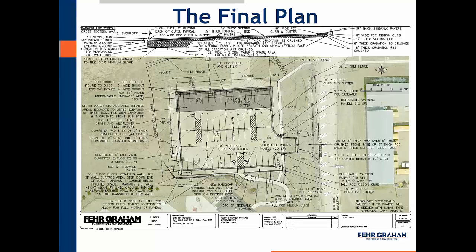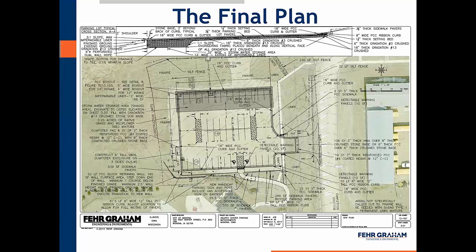So you can see we're actually in a smaller footprint than what was originally there for parking. And we have 45 parking spaces. So we have easily increased 15 to 20 parking spaces over what was there before in a smaller footprint. So we accomplished our overall goal of an efficient parking area.